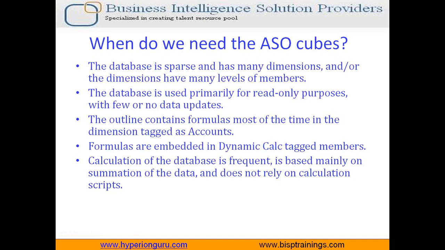You can retrieve the same kind of reports, but it's calculated very differently. The reports are calculated on the fly while retrieving, rather than explicitly in block storage via calc scripts. There are no calc scripts.